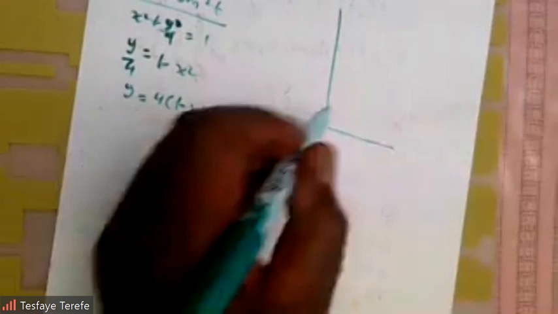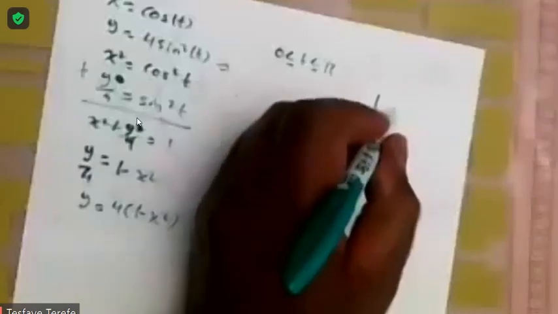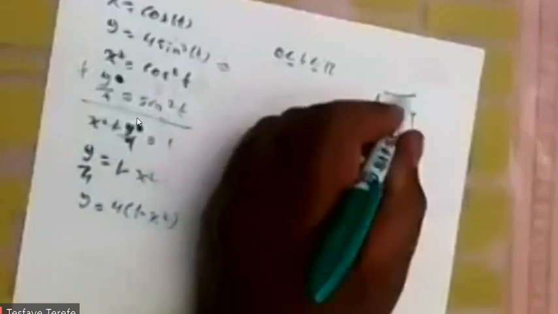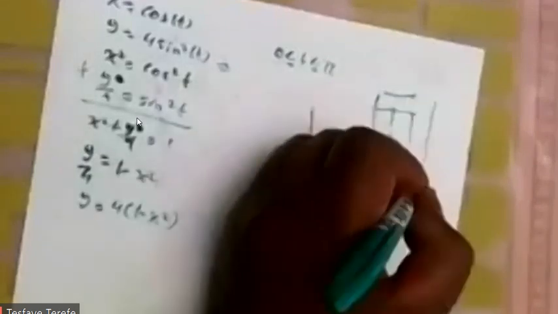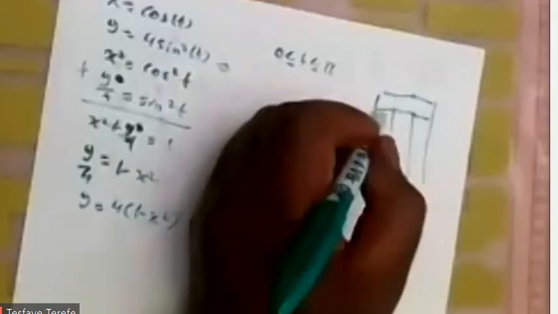And that's it. Is it clear, guys? If you have any question, just ask me and I will explain. Otherwise, that's it. You can prepare table as well. You can prepare table of values, and in this case, you have one input and two outputs, t, x, and y. And then you can really pick these common points, for example, 0, pi over 6, pi over 4, pi over 3, pi over 2, and so on.